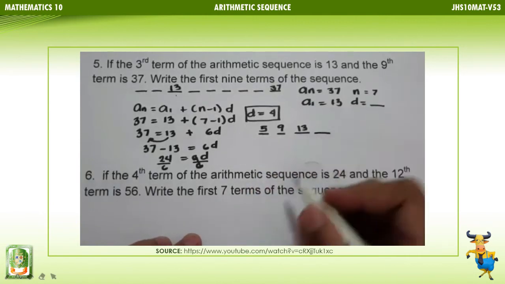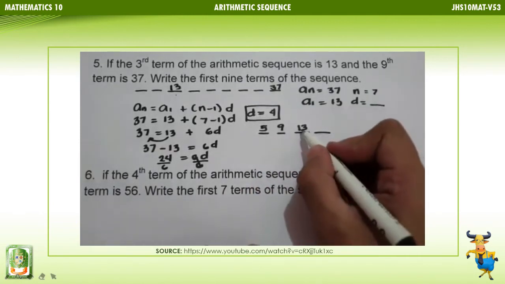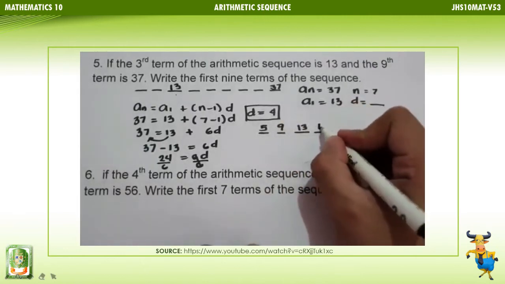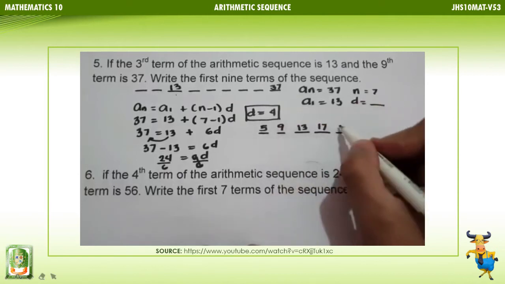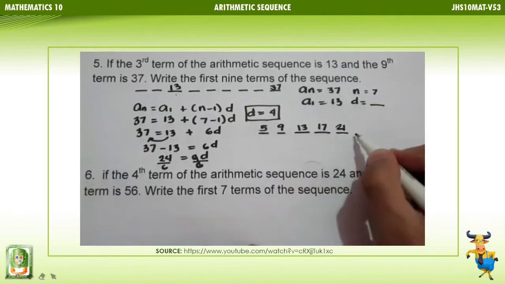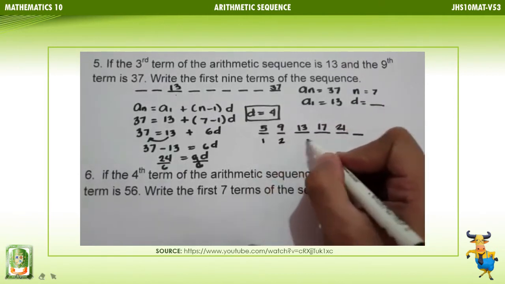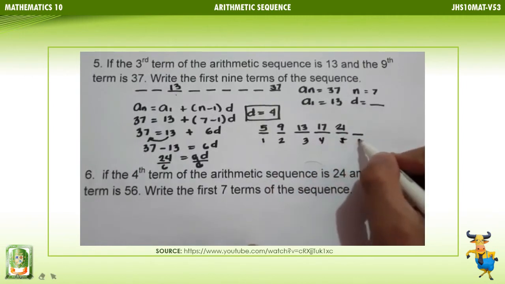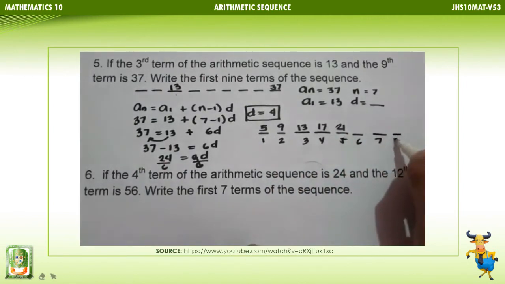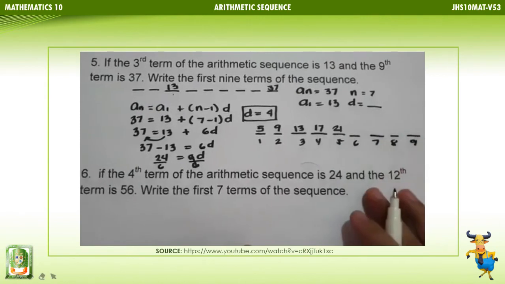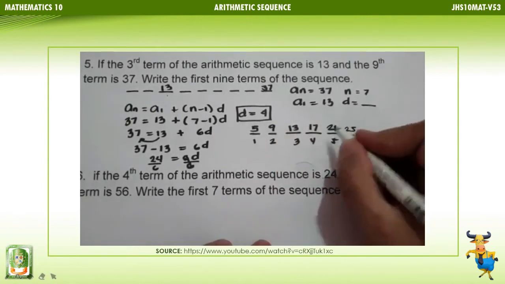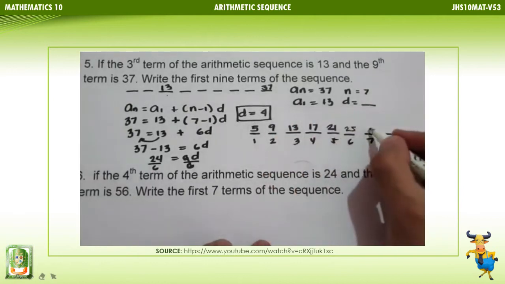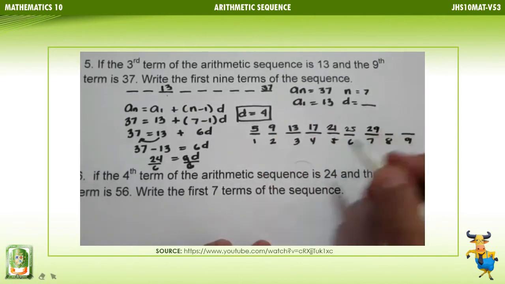What about the fourth term? The fourth term is 13 plus 4, that is 17. Fifth term, 17 plus 4, which is 21. 21 plus 4 is 25. 25 plus 4 is 29.